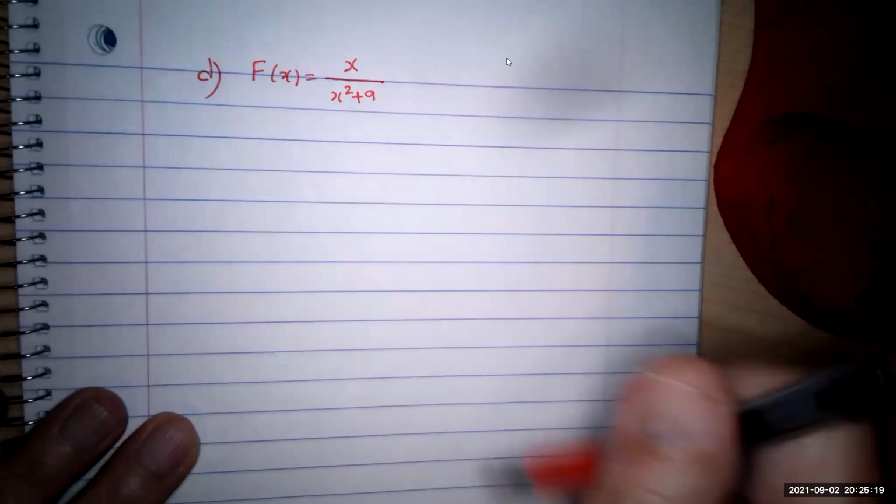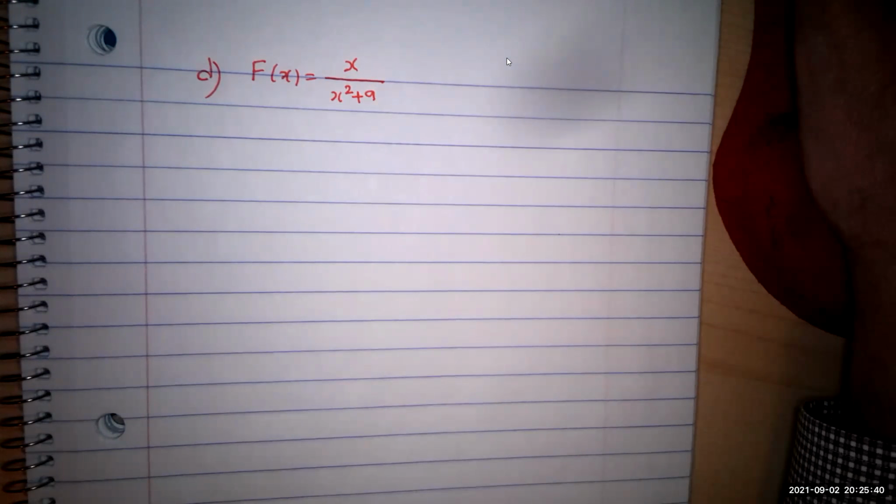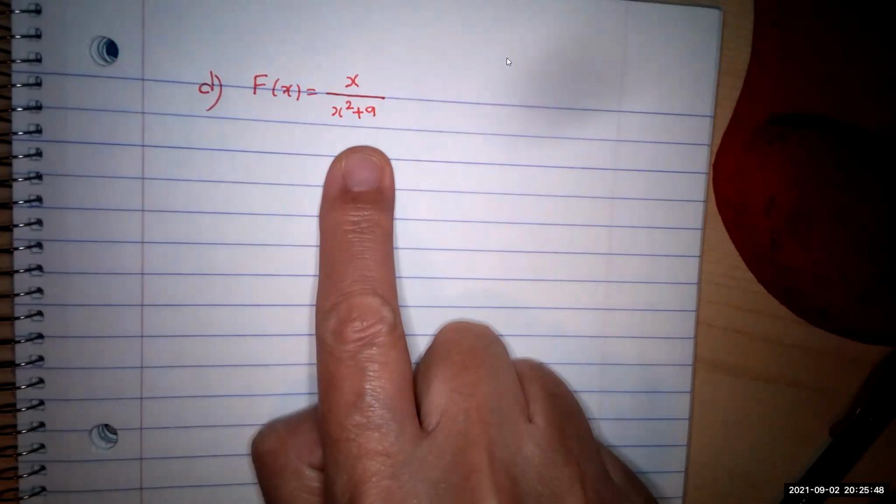You have x squared plus 9, so you should try to see if you can factor x squared plus 9. Is it possible? No, it's not possible. You cannot use 3 and -3 because this is plus 9.